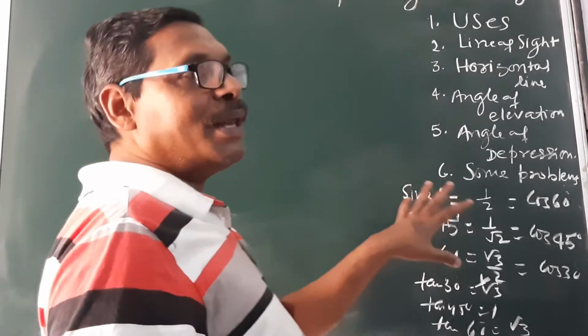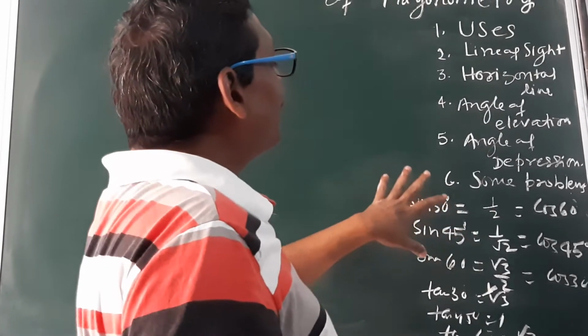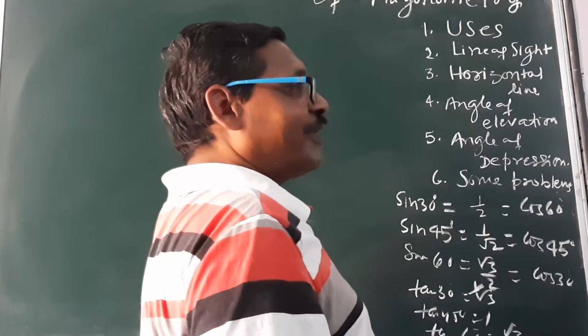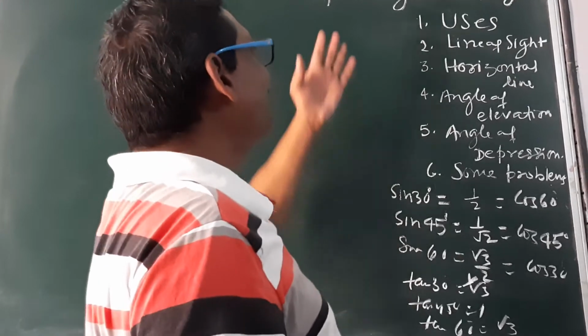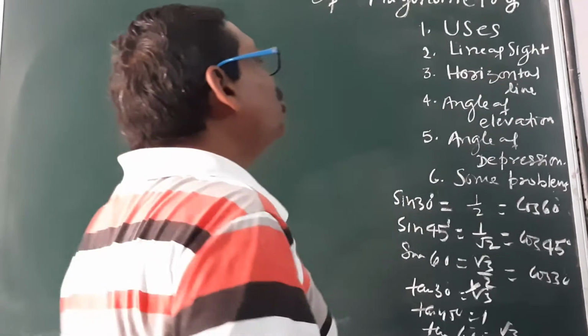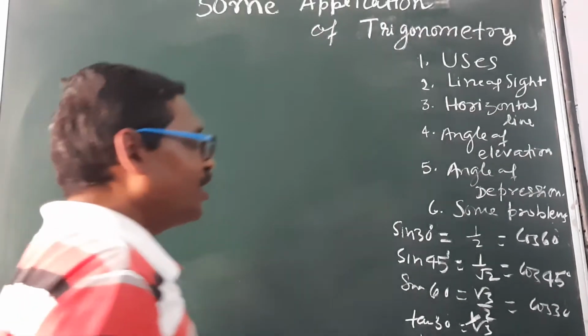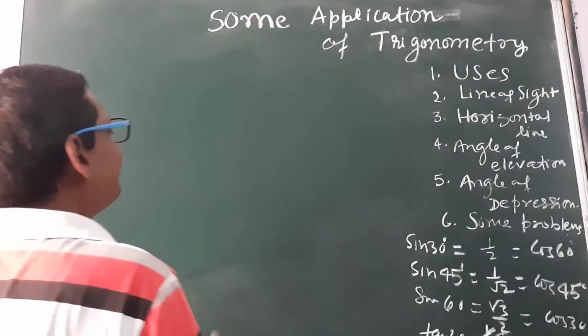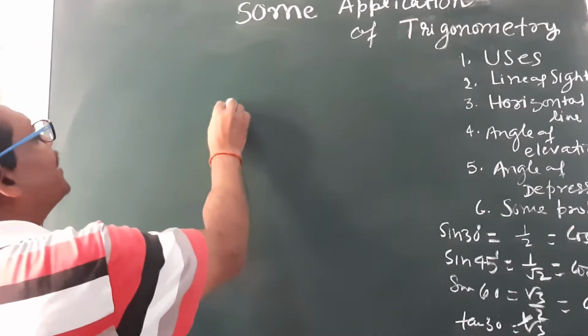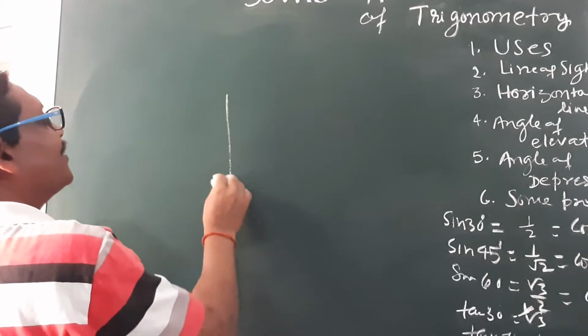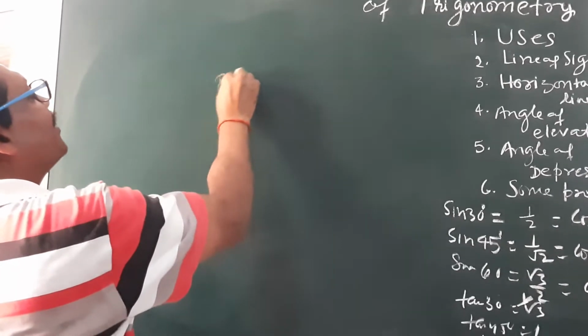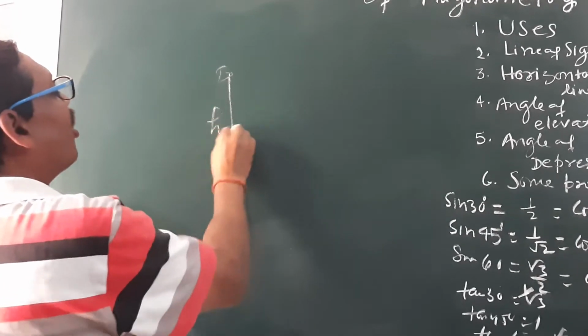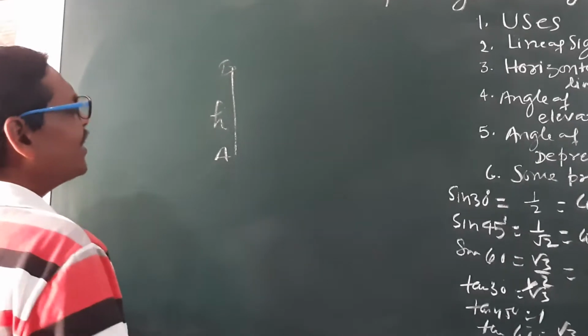Now let's discuss some problems. How can I solve them using trigonometry? Suppose there is a tower AB of height h.